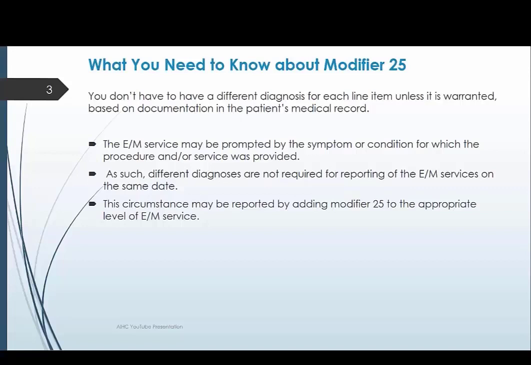Modifier 25 would be appended to the E&M, reporting the conditions evaluated for the bump and for the blood pressure. And a biopsy code would be used to report the biopsy of the lesion, and then you would report the appropriate ICD-10-CM code for the lesion, and then you would use Z23 diagnosis code for the immunization administration and drug charges.